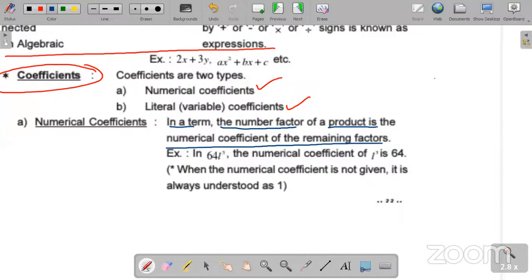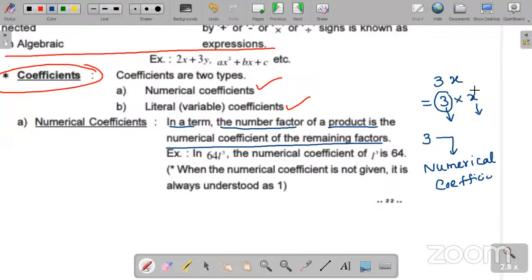For example, 3x is there. So 3x we can write as 3 into x. So what is the number factor? Number factor is 3. This is the variable factor. So 3 is called the numerical coefficient.